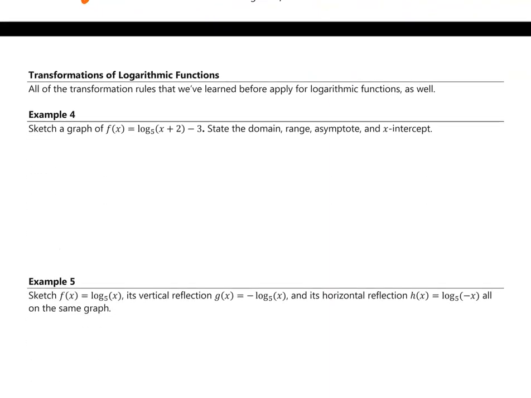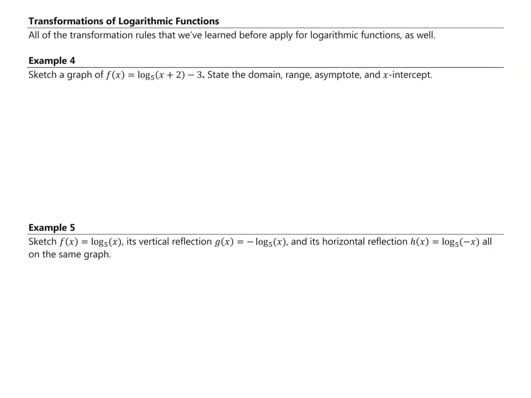Okay, next one. Transformations of logarithmic functions. All of the transformation rules that we've learned before apply for logarithmic functions as well. Example number 4. Sketch a graph of f of x equals log base 2 of x plus 2, minus 3, and then state the domain, range, the asymptote, and the x-intercept.